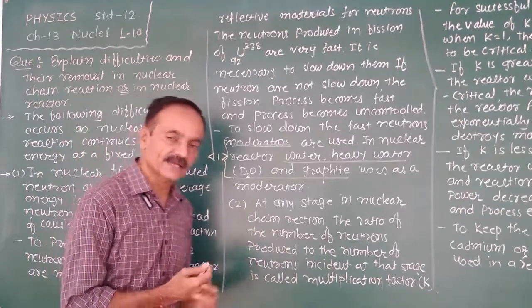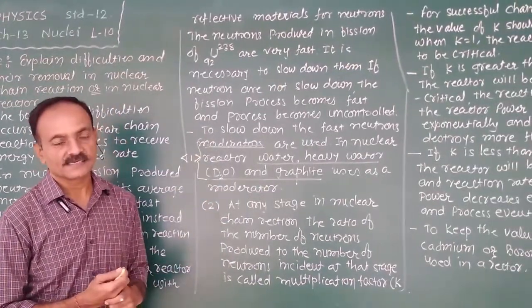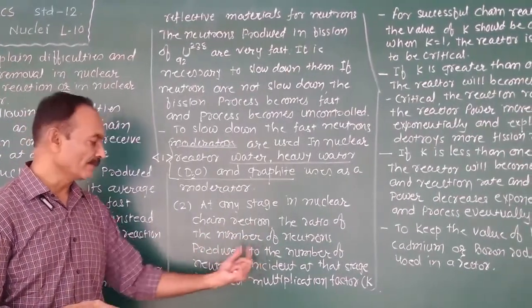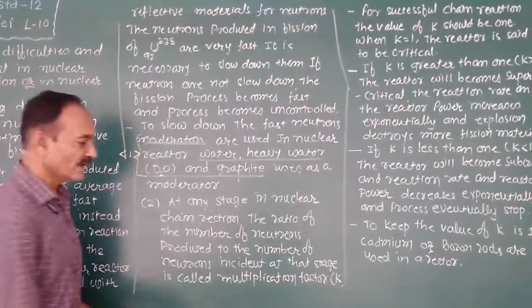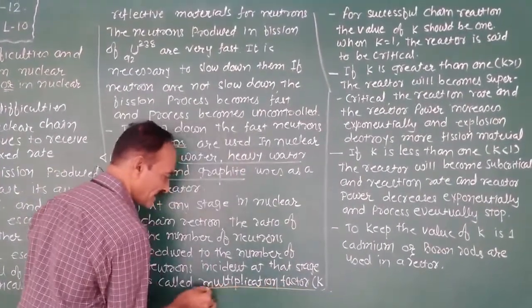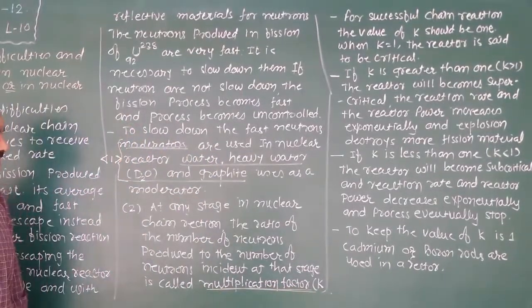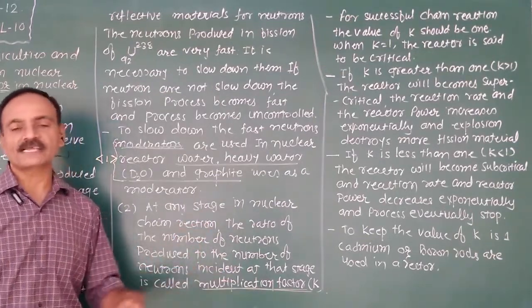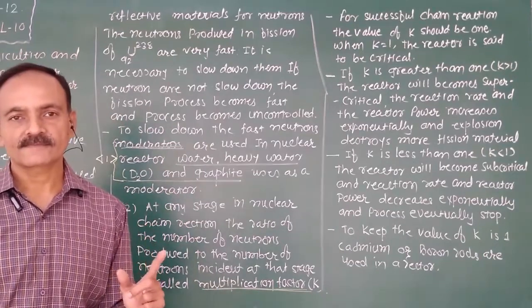Now the second difficulty. At any stage in a nuclear chain reaction, the ratio of the number of neutrons produced to the number of neutrons incident at that stage is known as the multiplication factor K. Again, for a successful nuclear chain reaction, the value of the multiplication factor should be approximately 1.